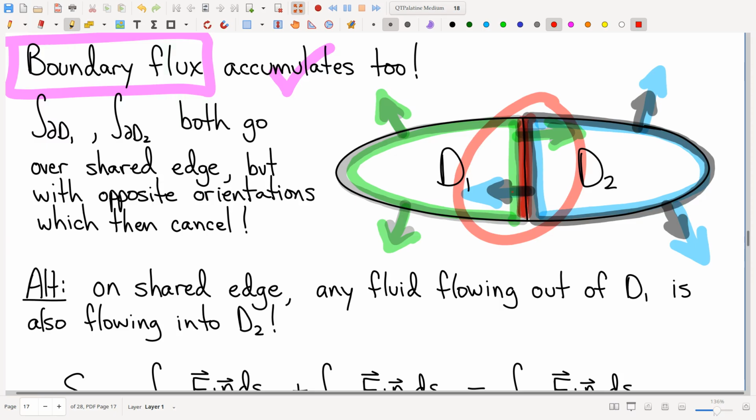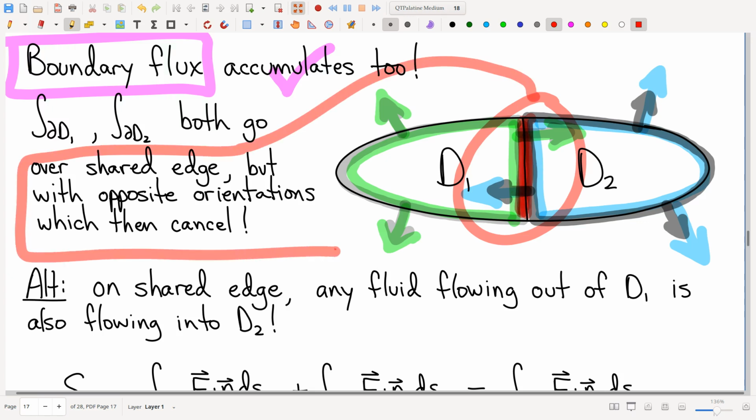What's up with all this stuff on the inside? That's not part of the boundary. I'm not optimistic at a quick glance, because I've got a bunch of stuff in here that's not supposed to be there. But that same edge appears twice with opposite orientations, which means we're going to get the exact negative value. And so they cancel.